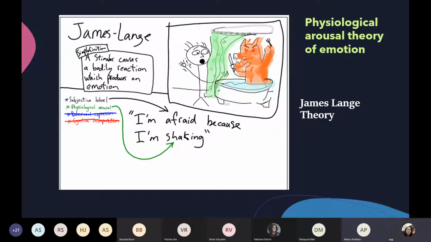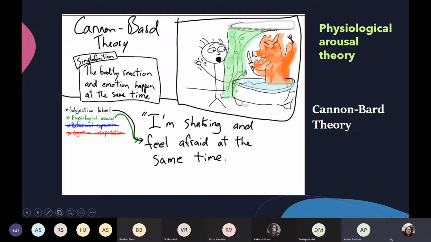The contradiction to this theory was that no, we don't have a discrete time gap between the physiological arousal and the understanding of the emotion. So it may happen together, and that's how Cannon-Bard's theory came into being.